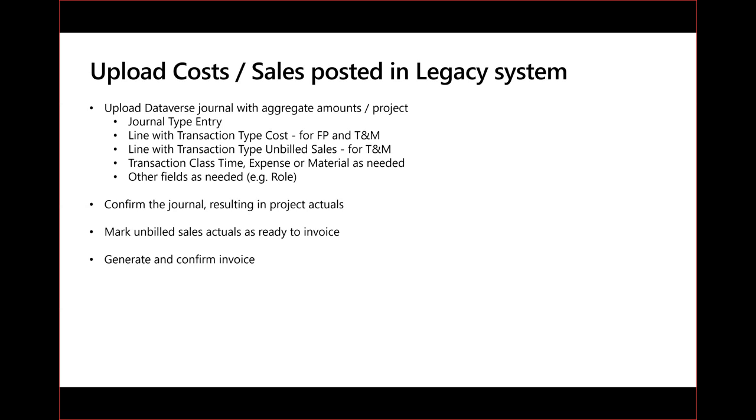We could have some more details. For instance, for time, you might also want to see how much has been posted by role, so you could have a line for each role. Then once that journal has been uploaded, we're going to confirm it. That will generate some project actuals. We will mark those unbilled sales actuals as ready to invoice. We will generate and confirm the invoice.